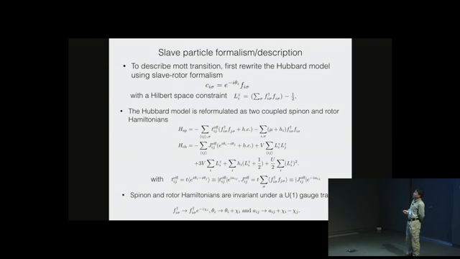This L operator is a conjugate variable of this angular variable theta. Using this kind of formalism, the Hubbard model is reformulated into a coupled spinon and rotor Hamiltonian. This is the spinon Hamiltonian, and this is the rotor Hamiltonian. The spinon and rotor Hamiltonians are invariant under U(1) gauge transformation.